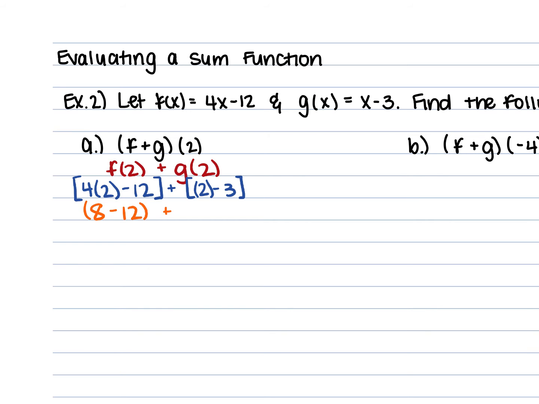The 2 minus 3 gives us negative 1. The 8 minus 12 is negative 4, and negative 4 plus negative 1 gives us that f plus g of 2 is equal to negative 5.